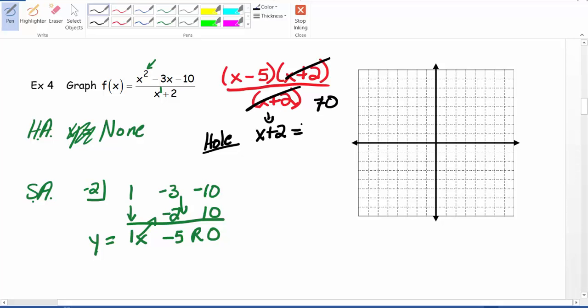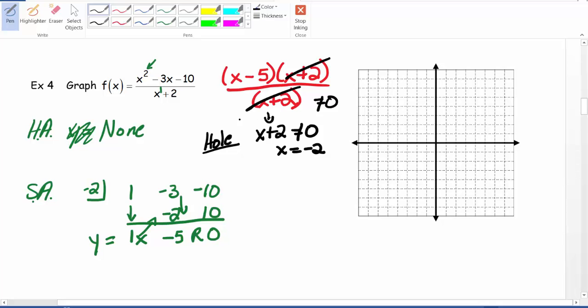So solving for x in this case, we see that a hole would happen at -2. Again, the bottom cannot be equal to 0 every single time, even if it does cross out like this. And the point here is to figure out for what x value is that happening at. We see that it's at -2.